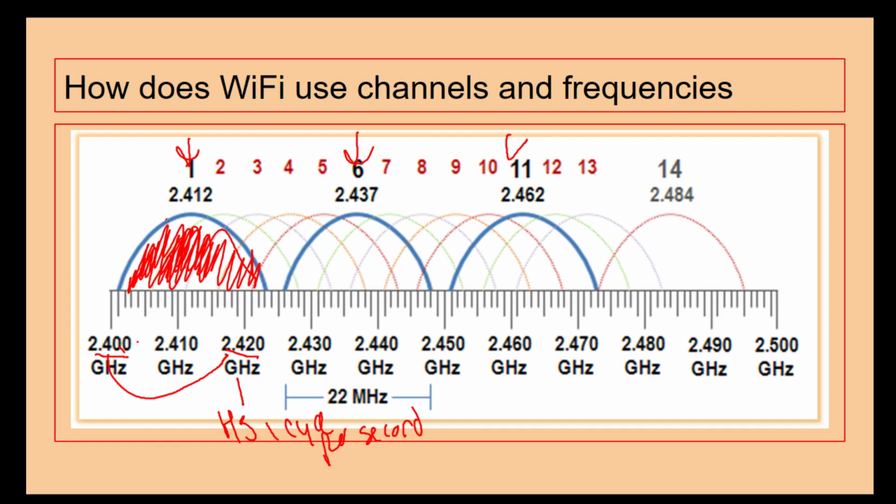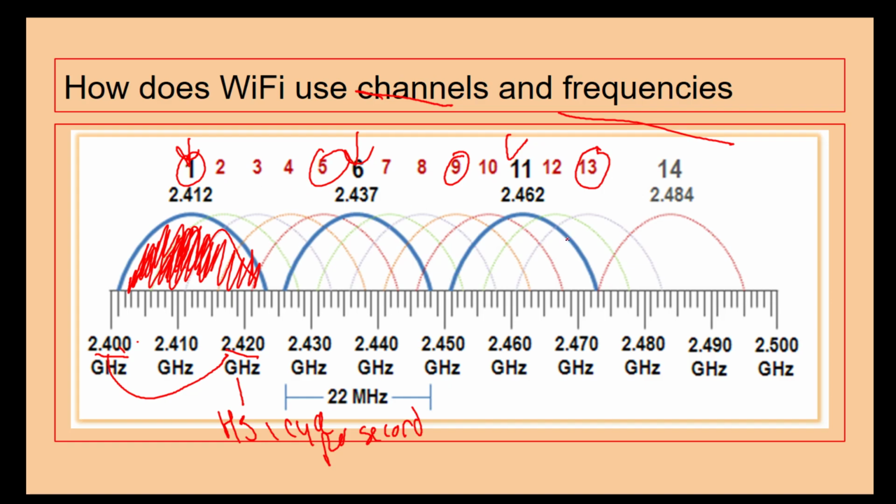Devices might be intercepting each other's traffic, and there might be signal issues. Whereas Wi-Fi has different channels built into it. So I can say one class use this channel, more devices use this channel, and so on. By using channels, we can spread out the frequencies used.